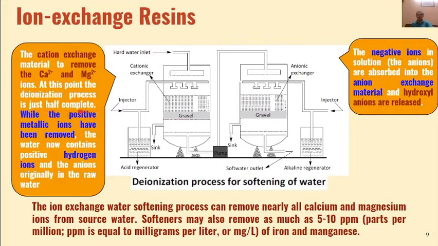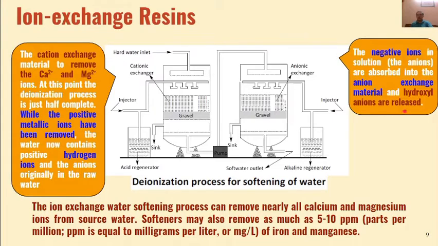So the positive metallic ions have been removed in this column, and the water now contains positive hydrogen ions which have replaced the calcium or magnesium ions. Then this water containing H positive ions in place of calcium or magnesium ions passes through the anion exchange resin, and in the anion exchange resin the negative ions present in the hard water are also exchanged with hydroxyl ions.